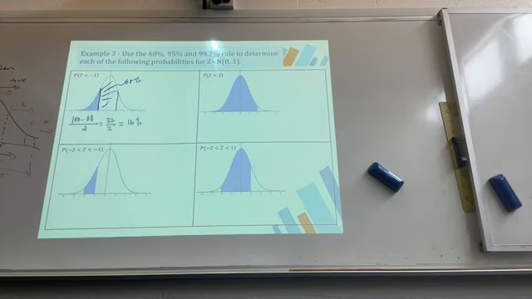But I use 100 take away 68, which is 32, divided by 2 is 16%. So therefore, the probability of z less than minus 1 is 0.16. Normally for probability we give 4 decimal places, but in this case it works out to be 16%. That's it, 0.16. So what about the next one? Less than 2.